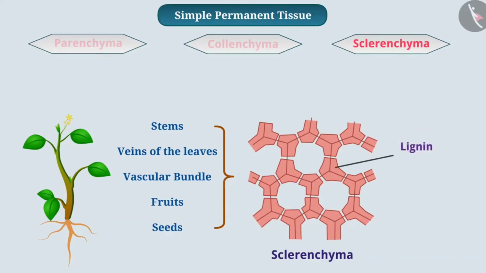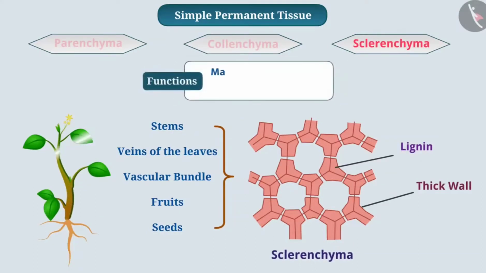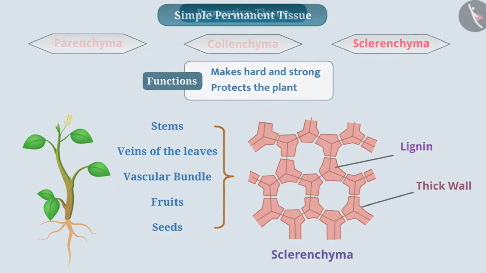Lignin is a chemical compound that attaches cells to each other. Due to lignin, the walls of cells are very thick and there is no internal space between the cells. Therefore, sclerenchyma makes the plant hard and strong, and protects the plant.